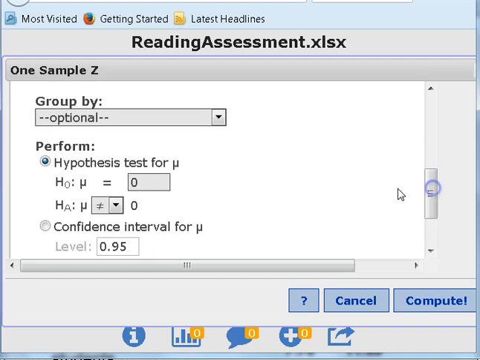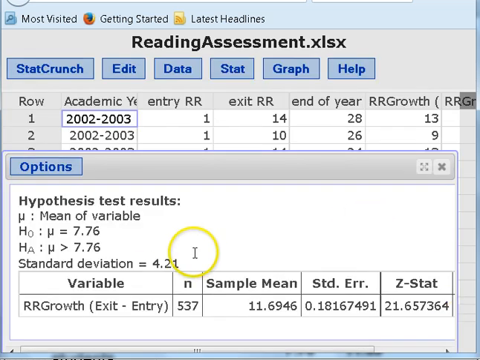The hypotheses are that the mean reading recovery growth score is 7.76 versus that the mean reading recovery growth score is greater than 7.76. In this menu right here, you can select any of the three alternative hypotheses. Okay, compute, and you get some values, and I'll pull back the PowerPoint to show you those.